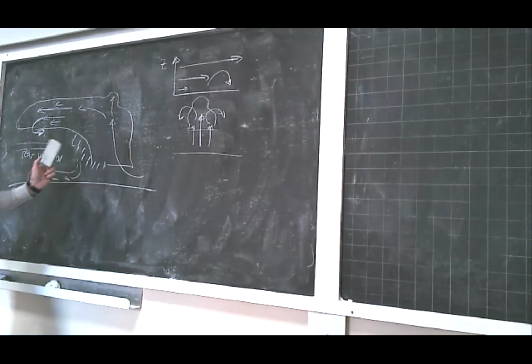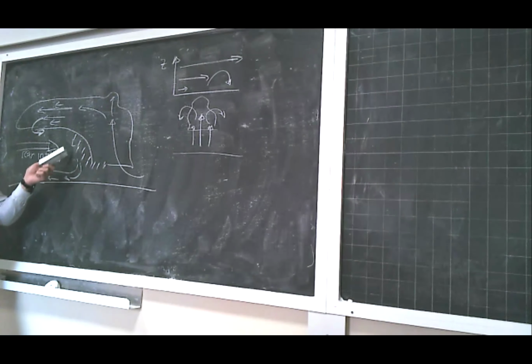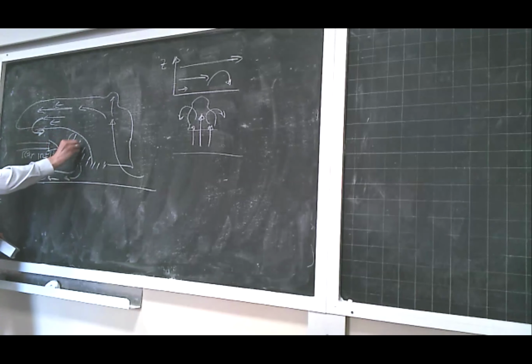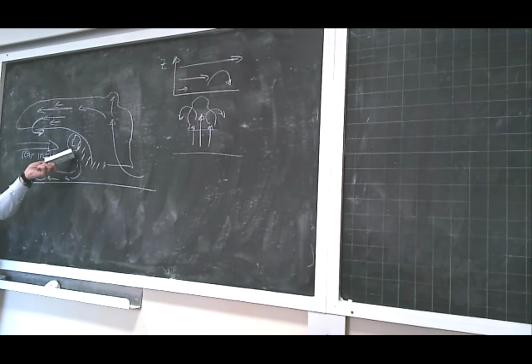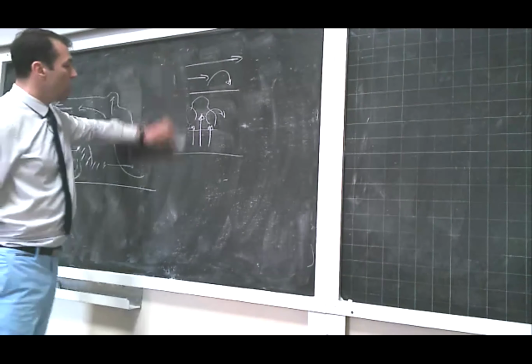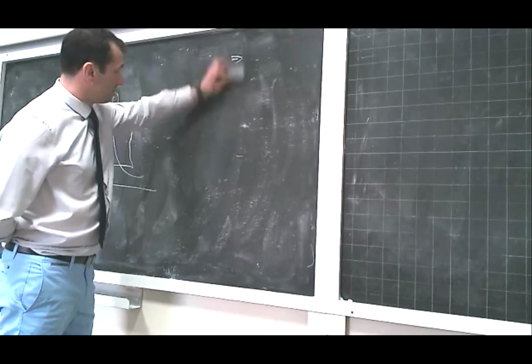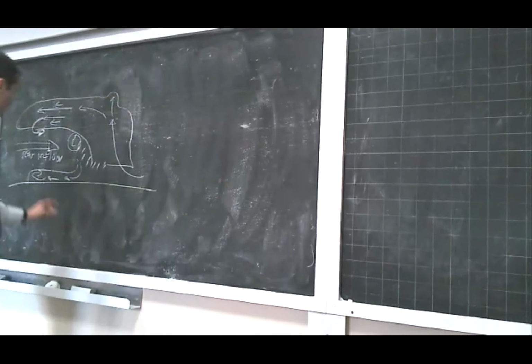Online people, if you take for granted, if you trust me that low pressure is here compared to outside, then there will be a pressure gradient force acting like so. Now I owe you to explain why there would be low pressure here.